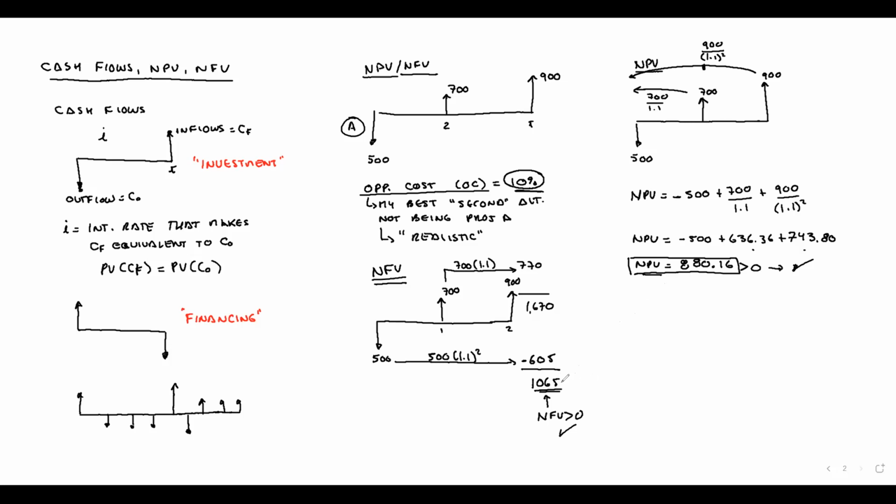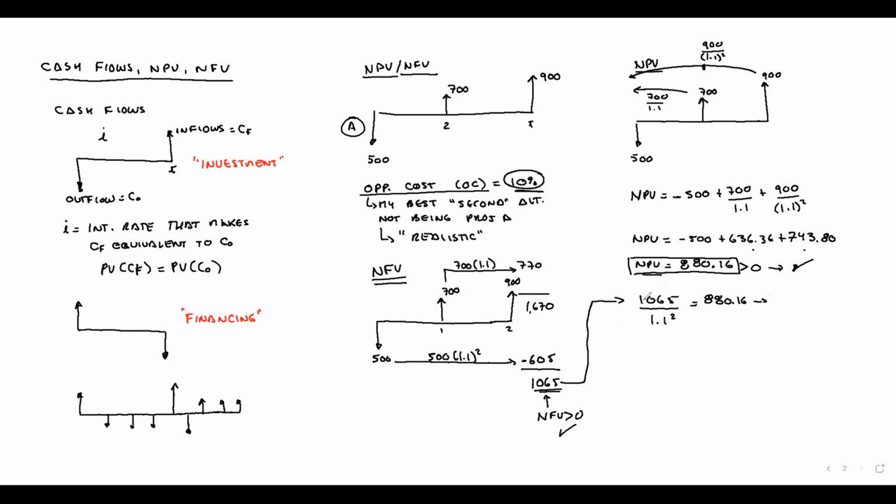So how do I show that? Just take a look at what happens. This is a value in the future. Do you agree? This is a value 2 periods ahead. So what I can do is move this money to the present. 1065 divided by 1.1 squared, we obtain 880.16.